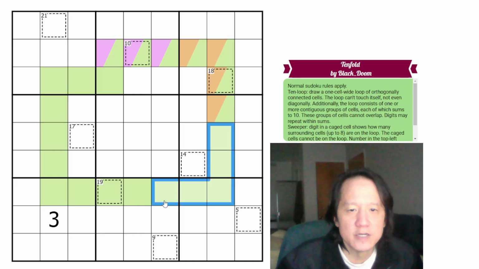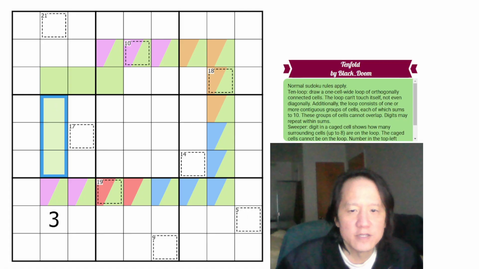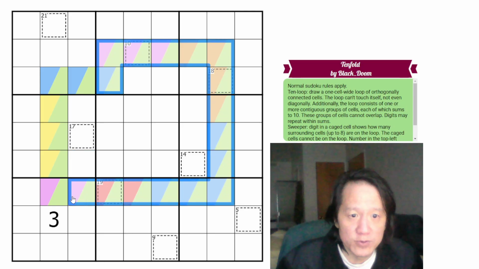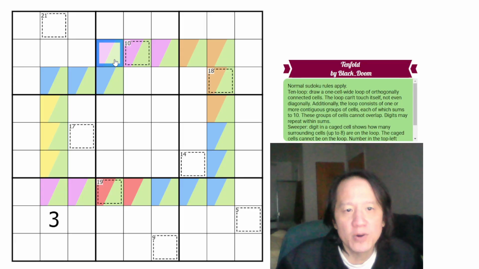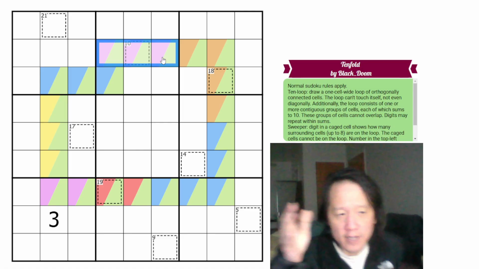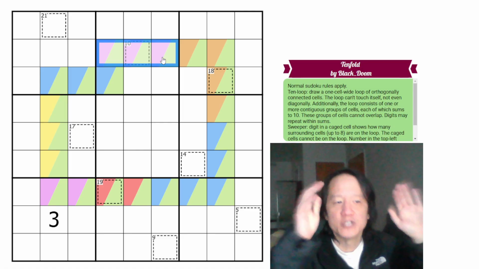Say these 5 add up to 10, and these 2 adding up to 10, and these 2 adding up to 10, and say these 3 adding up to 10 and these 3 adding up to 10. This would be acceptable because each part of the loop is part of one and only one set of contiguous cells which adds up to 10.